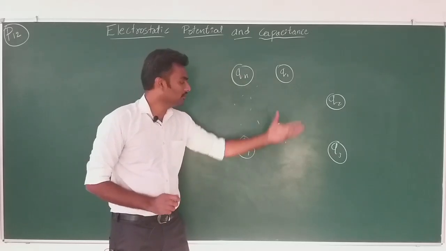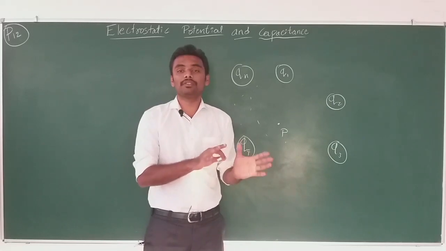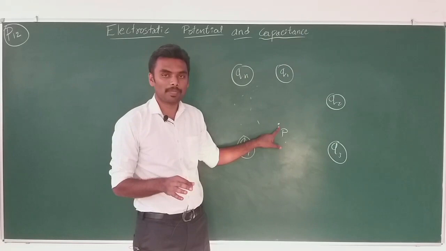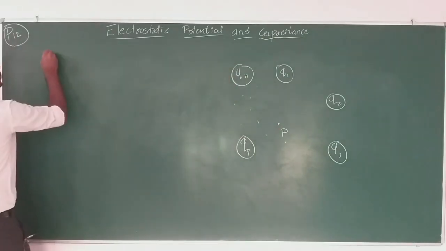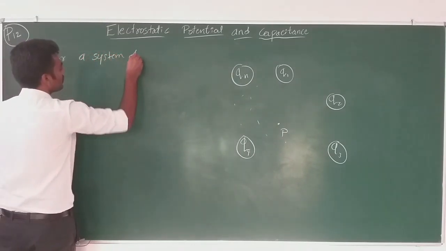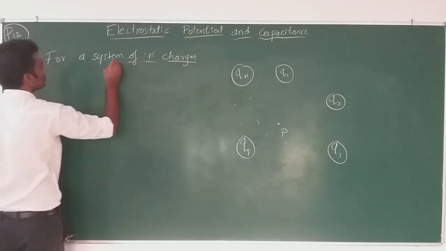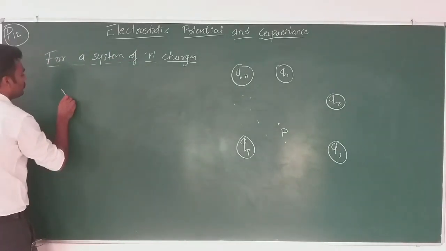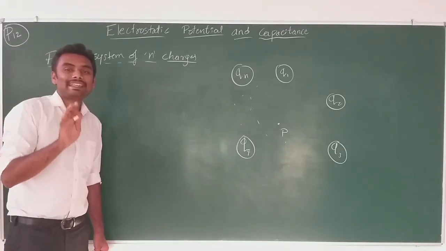But here we have n charges in the system. These n charges individually give their contribution to the net potential at this point. Okay. So, making use of the superposition principle for a system of n charges, the net potential due to these n charges, V, is given by simply the scalar sum.